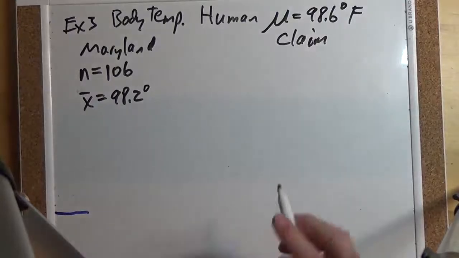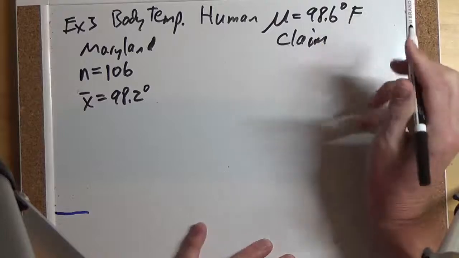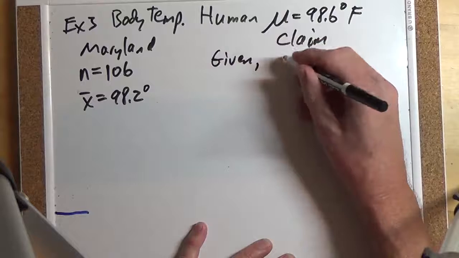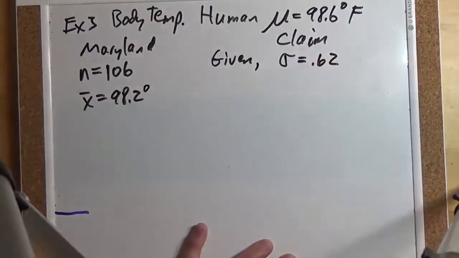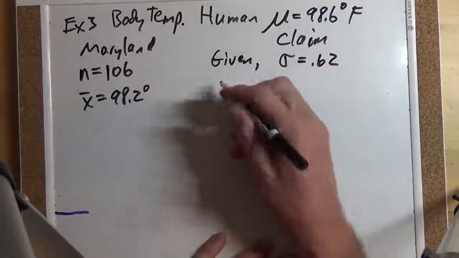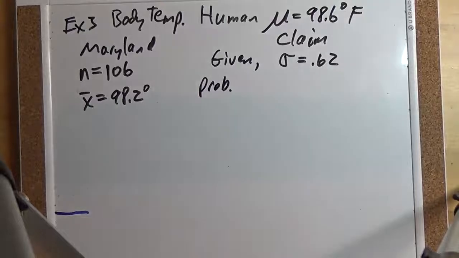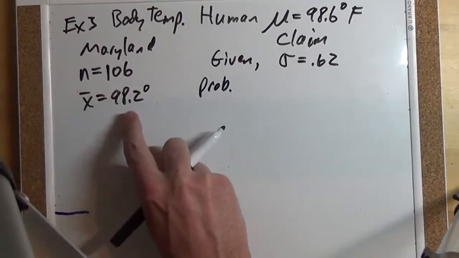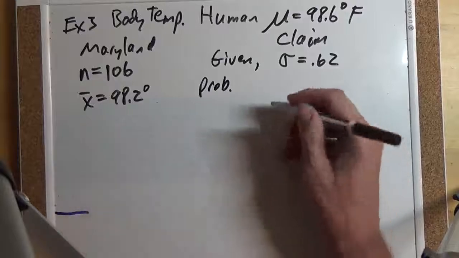So we're going to ask ourselves, given this, along with standard deviation of 0.62, that's rather important, what's the probability that a sample of 106 people would have a temperature of 98.2 or less?